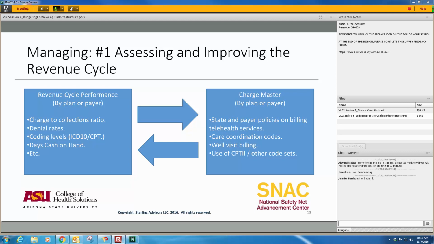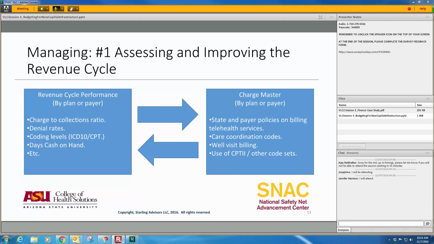And of course, days cash on hand, which is something that most organizations going into value-based reimbursement will want to shore up to the extent possible, achieving and even exceeding benchmarks, because, as we'll talk about, you'll want to have some additional cash reserves due to some of the timing challenges of how value-based reimbursements work.